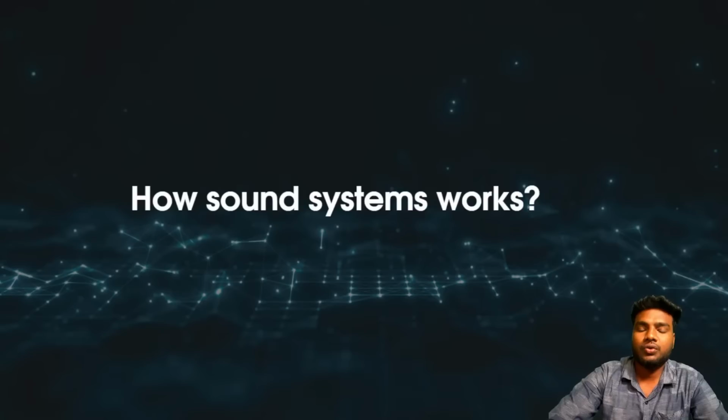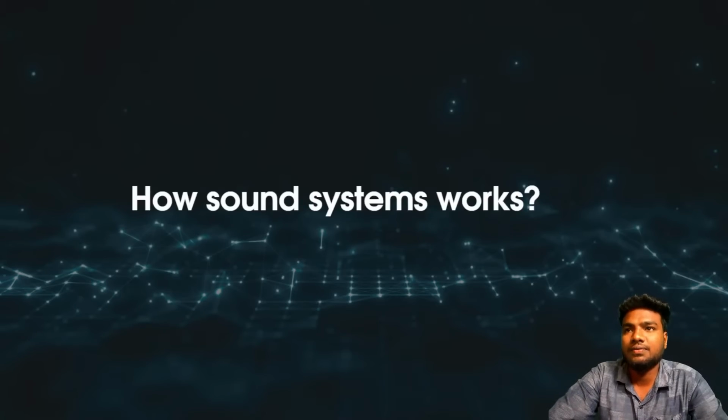Before starting combinational logic, have you ever wondered how a sound system like a home theater, speaker, or subwoofer works? How do they give sound like front, back, and bass?